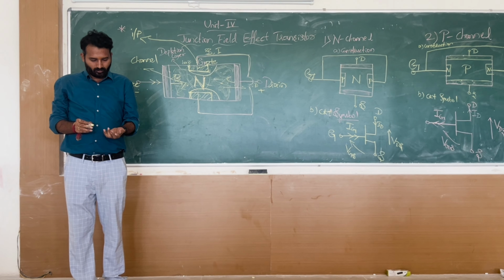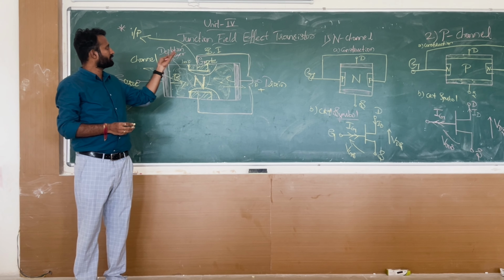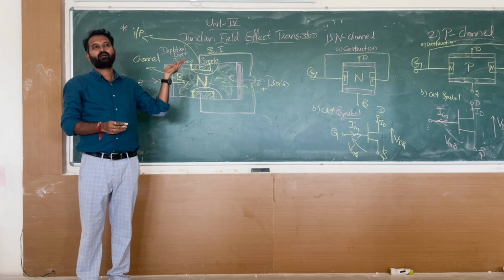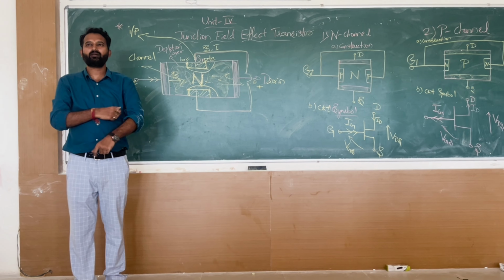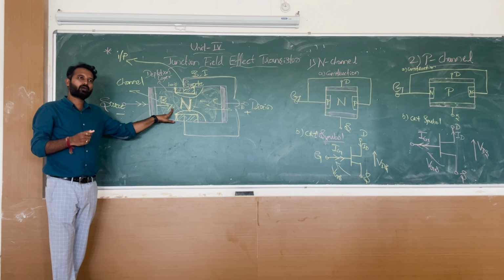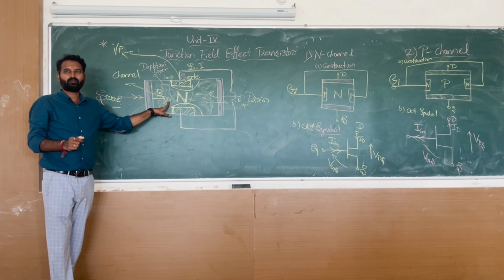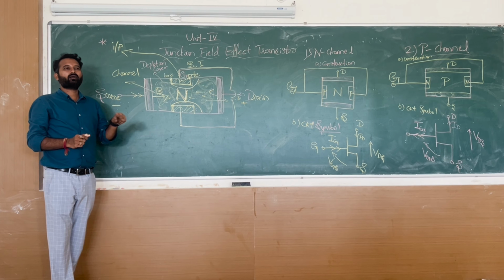Now let me define what is junction field effect transistor and why they are calling it a field effect transistor. So focus here. By using this diagram only, I will define what you mean by junction field effect transistor. JFET is a voltage operated, overall voltage controlled, unipolar device which has three terminals.